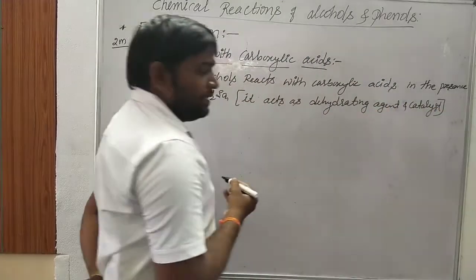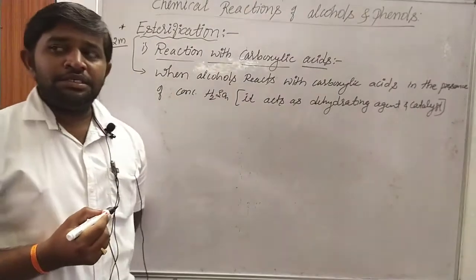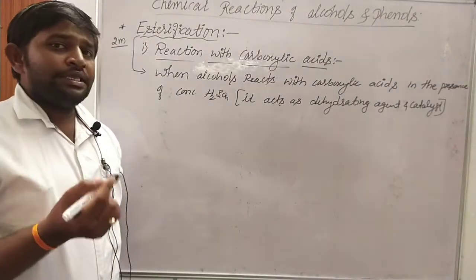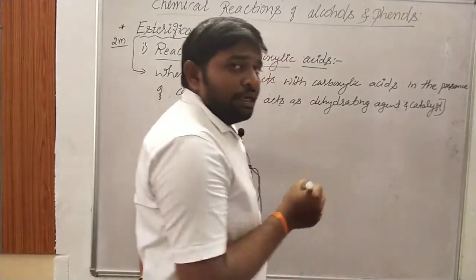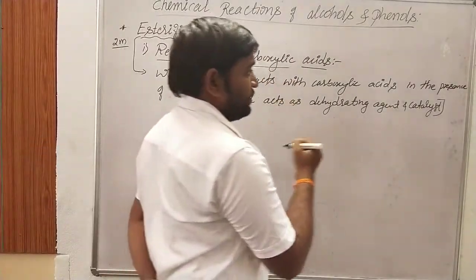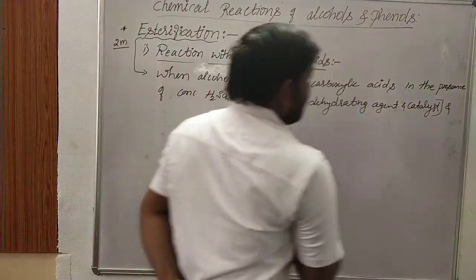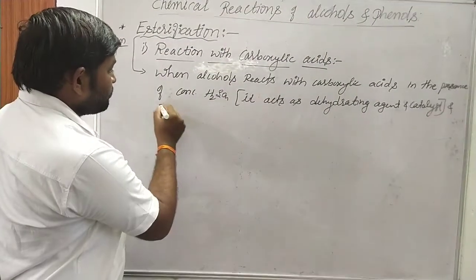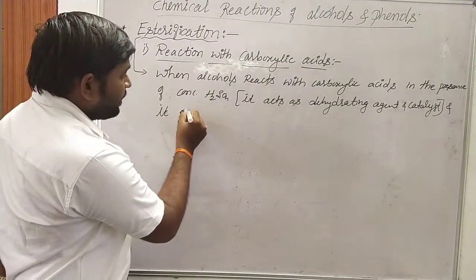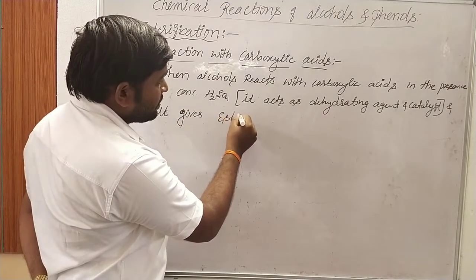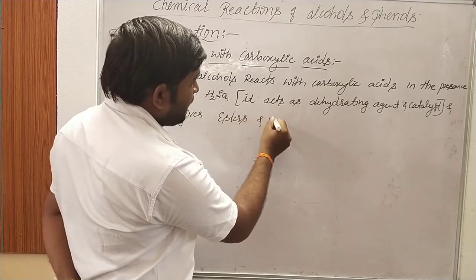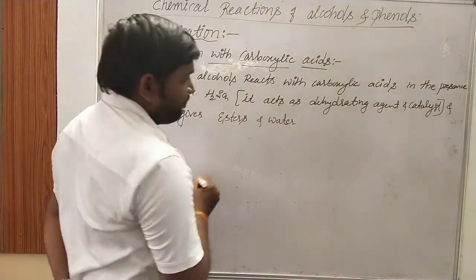What do you mean by catalyst? Catalyst is a chemical substance which is used to increase the rate of a chemical reaction without itself being involved in the reaction. And it gives esters and water.